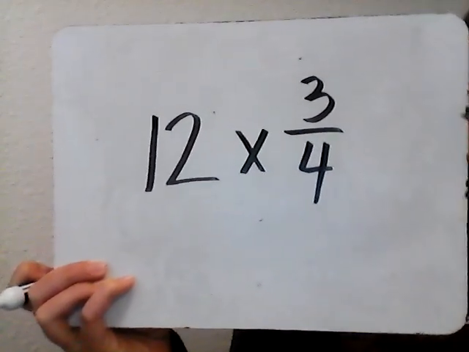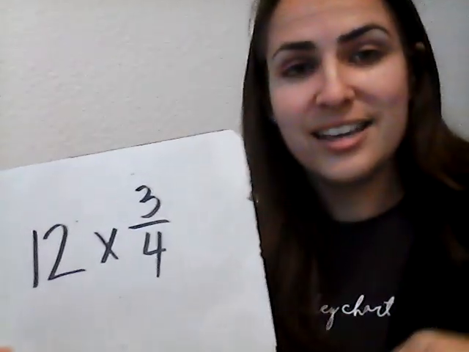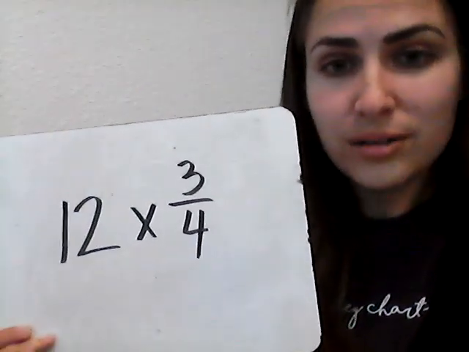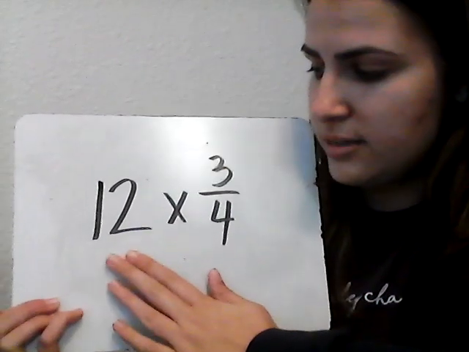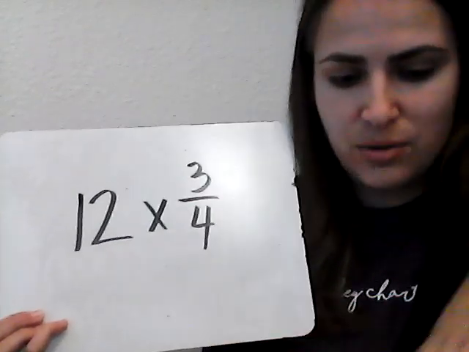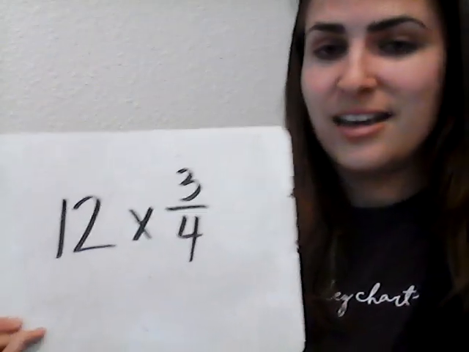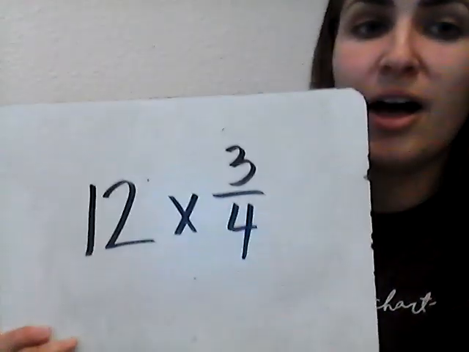Now I want you to remember that you can rewrite this in unit form if that helps you, or you can just take this and rewrite it the way we rewrote 6 times 3/8. It's up to you.